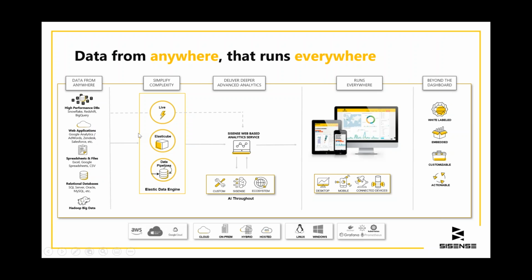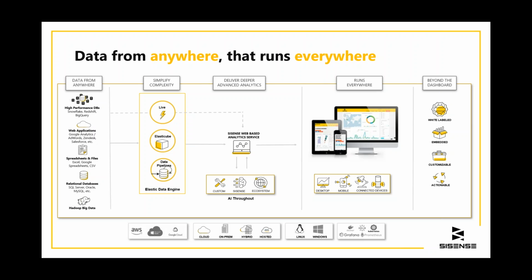With Sisense, data can be taken from anywhere and it runs everywhere. Sisense can run in the cloud or on premise. In the last year, Sisense released their Linux app solution, so now it can be run through things like Kubernetes, orchestrated for proper continuous integration and development.